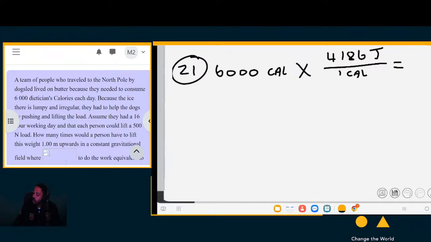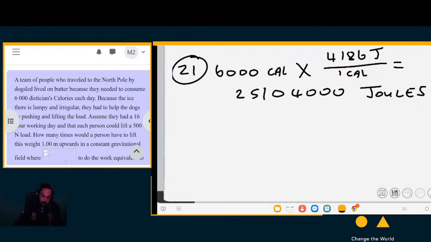Okay, that gives us an answer of 25,104,000. That is 25.104 million joules of energy. That's 6,000 calories. So that's how much energy they have available to them each day.